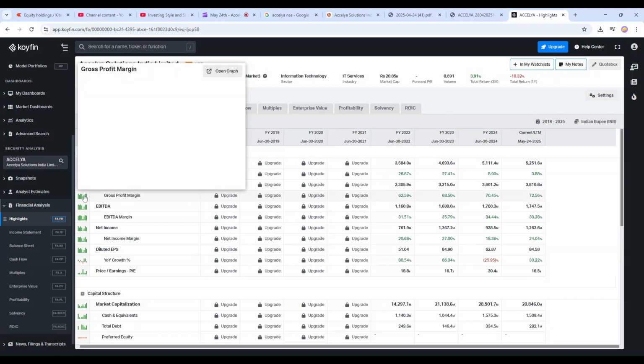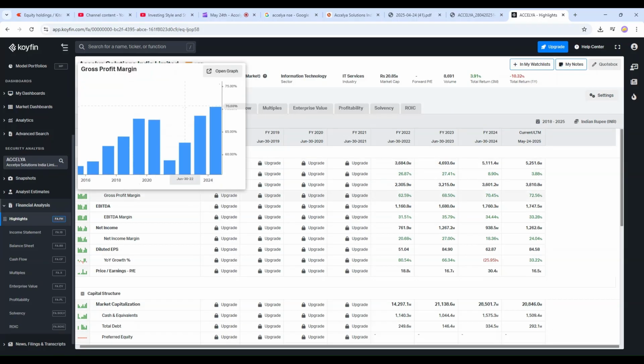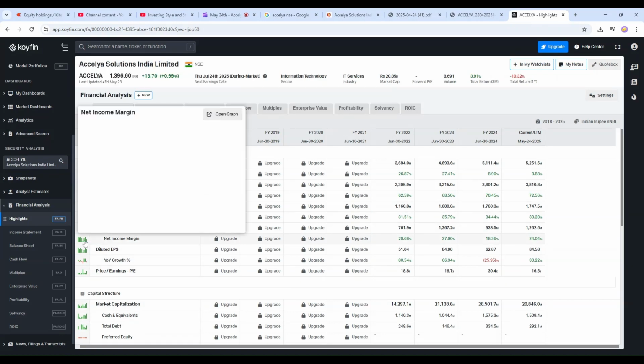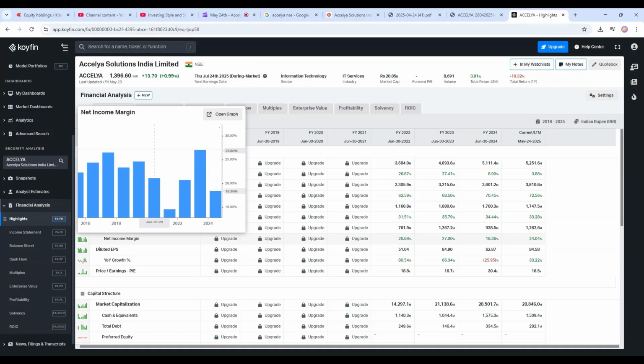It has a high gross profit margin, 70%. Even net income margin is sometimes high, it goes up to 26, 27%. On the downside, it was 14%. This was that COVID year, but then it's in the range of 18 to 20% a lot of the time. Actually, it used to be much higher pre-COVID.